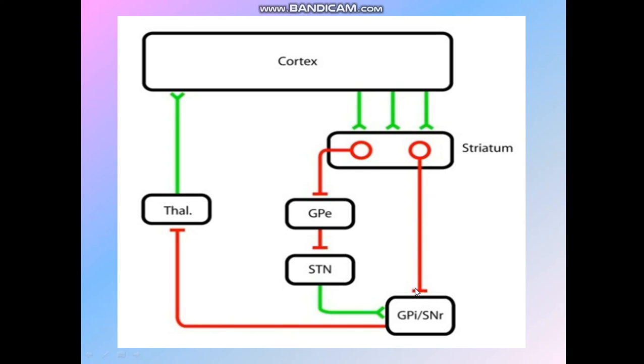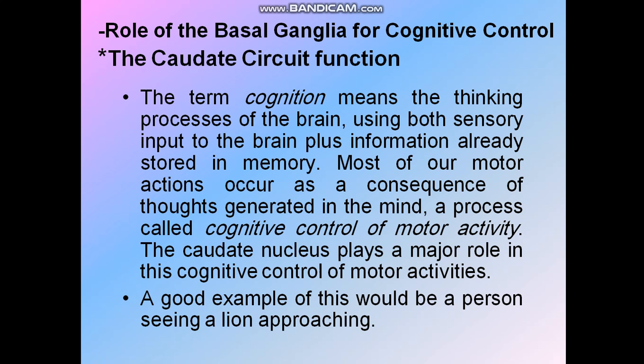What is in red is mainly an inhibitory neurotransmitter, and what is in green is a facilitatory or excitatory neurotransmitter. But the net result of the basal ganglia output to the thalamus is an inhibitory one, inhibitory to the thalamocortical pathway, and this is for specific purposes, so as to suppress activity during quiet conditions.